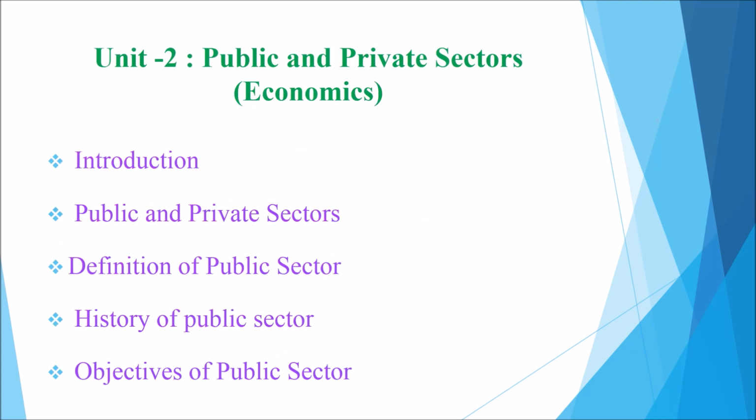Next, we are going to revise the second unit in economics, which is public and private sectors. Now, let's see the gist of the lesson. We have discussed about introduction part, public and private sectors, definition of public sector, history of public sector, objectives of public sector.